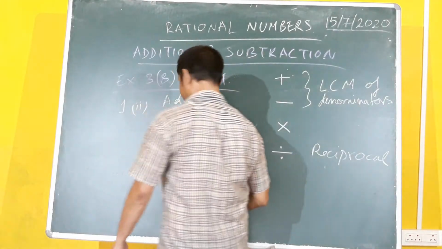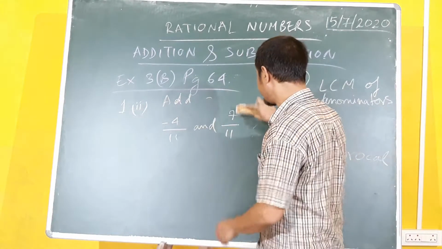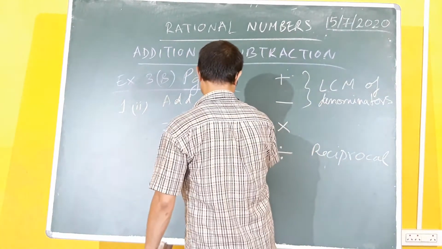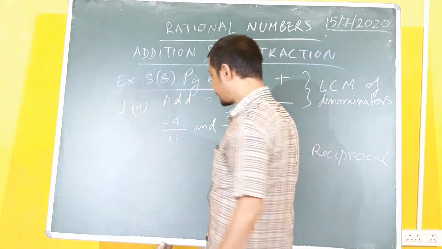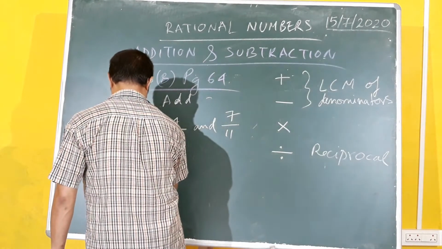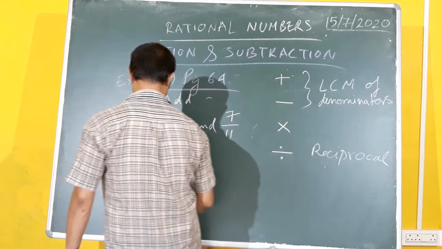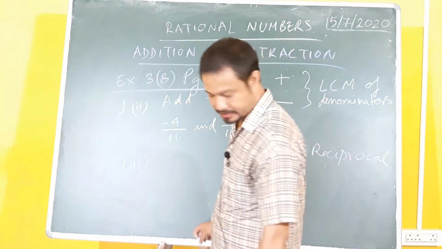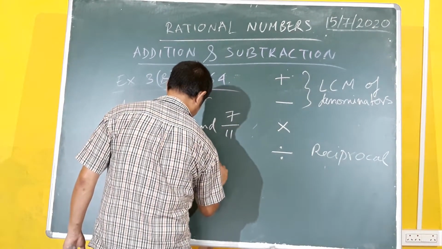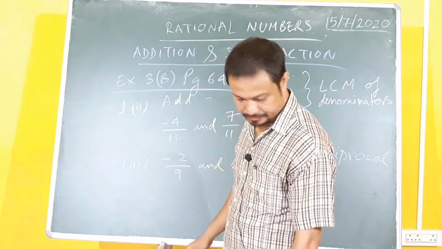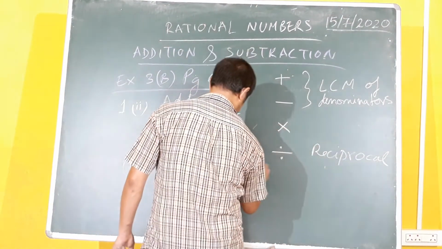So you're lucky in this case also, the denominators are the same. So you just need to do what I just showed you. And I think subsection 3 is minus 2 upon 9 and minus 4 upon 9.